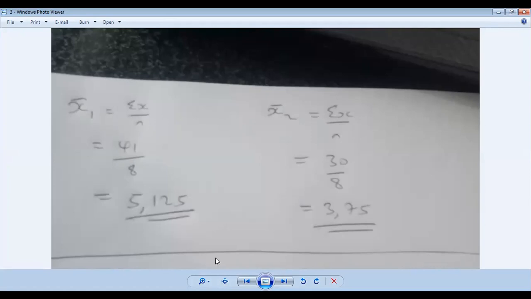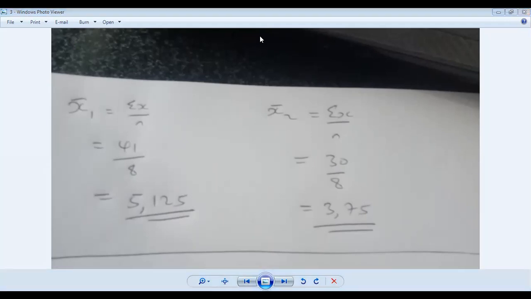So the mean there is 5.125. The mean for group number 2 is summation of x over n, again, which is 30 over 8, and that's 3.75. So these means are very important, because we're going to be using them when we are substituting into our formula.